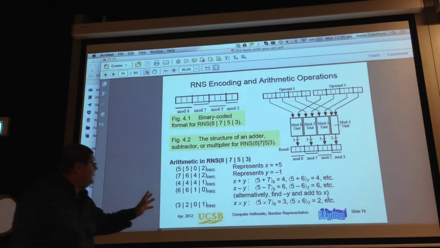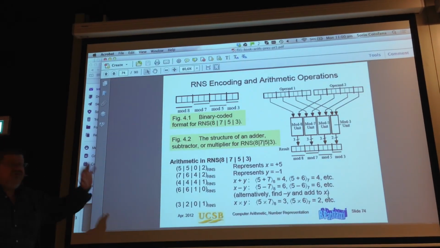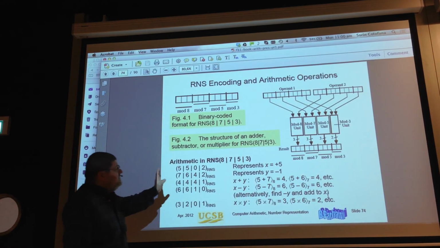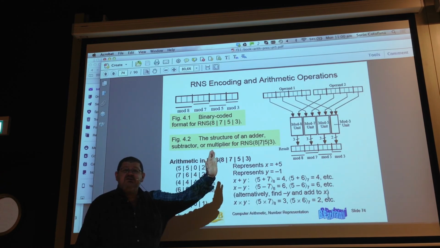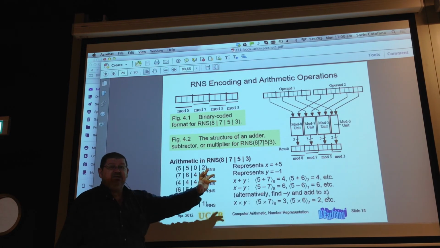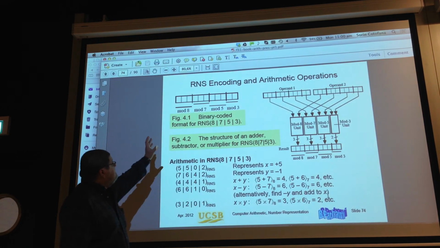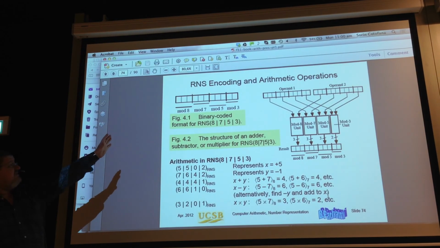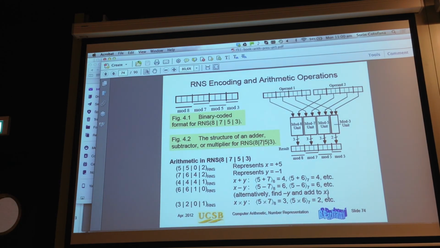Now, if I enter RNS, then I can do arithmetic by having some units which are operating independently. Let's say this is my system, an RNS system with moduli 8, 7, 5, 3. Each of those moduli will require a number of bits.